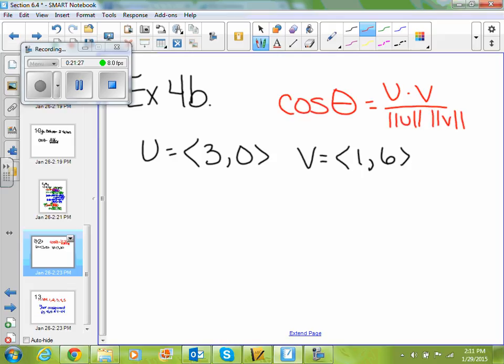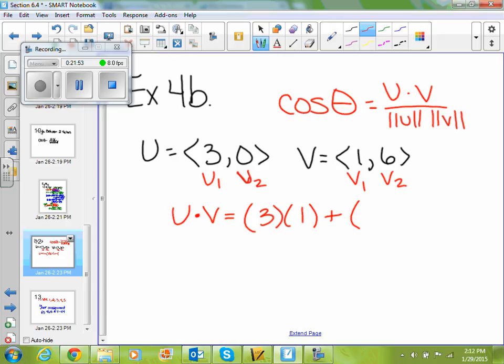My cosine formula is cosine of theta equals U dot V divided by magnitude of U times magnitude of V. First I find my dot product: U1, which is 3, times V1, which is 1, plus U2, which is 0, times V2, which is 6. 3 times 1 is 3, 0 times 6 is 0, and 3 plus 0 is 3. So my dot product is 3.